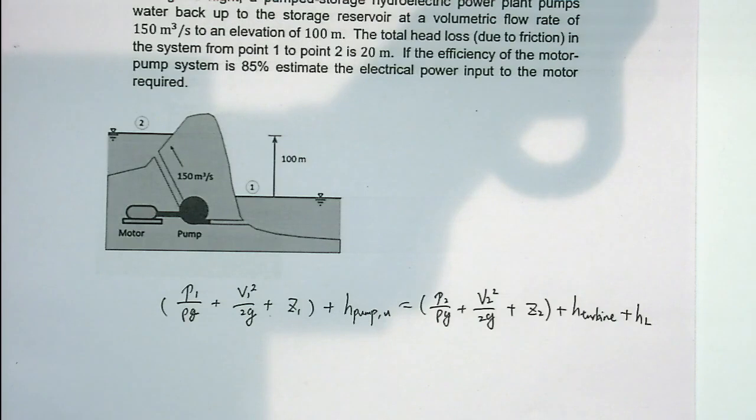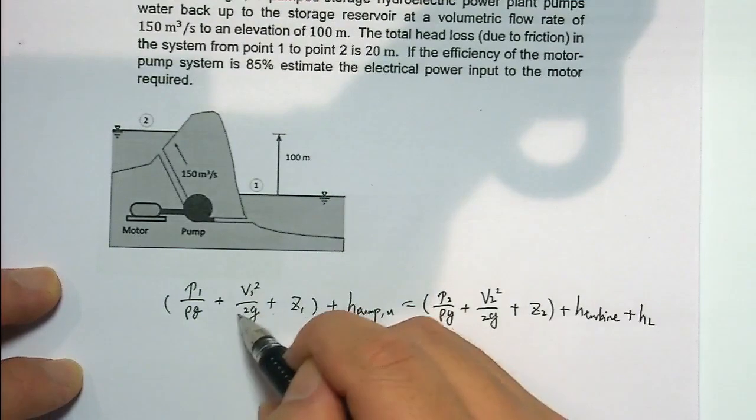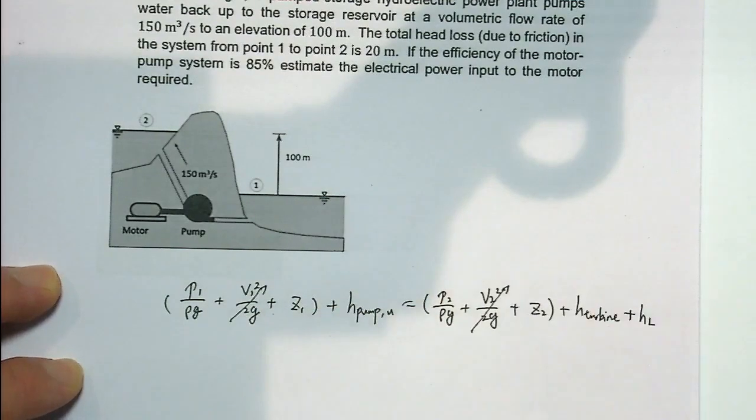So now we analyze which terms we could remove. At position 1, because the reservoir is too large, we could remove the 2 kinetic terms, which means the velocity is the same and it's 0. So that one we could reject.